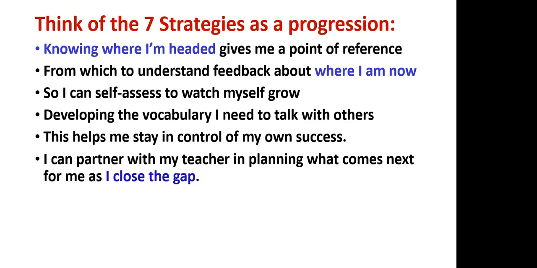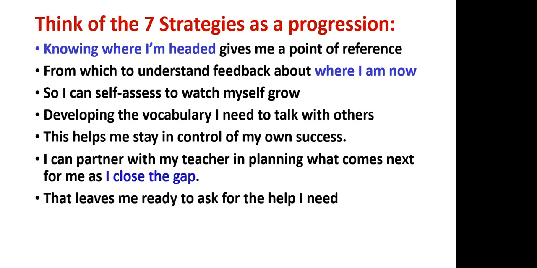So I can partner with my teacher in planning what comes next for me as I close the gap, and know I'm doing it and get out of my way. That leaves me ready to ask for whatever help I might need. I don't have to wonder, I don't know how to do this, and I don't know where to go. This gives me the vocabulary and the understanding.